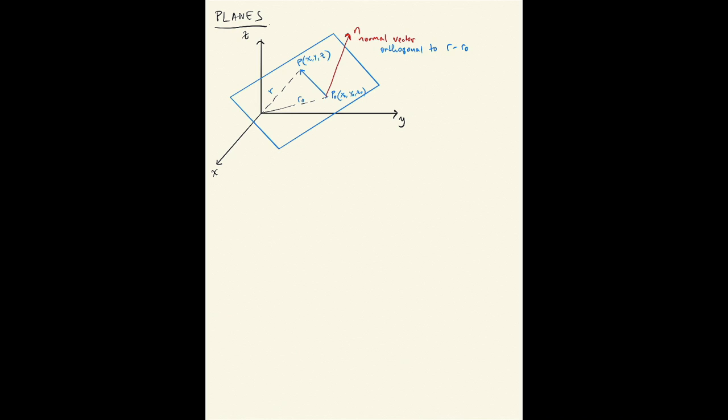So R and R0 are actually our vectors, okay? And I will move from R0 to R, making the plane.